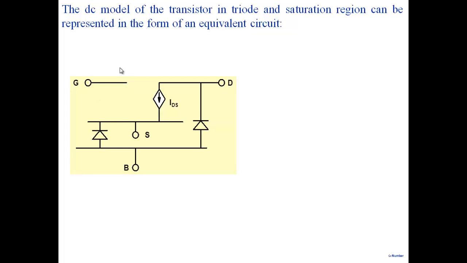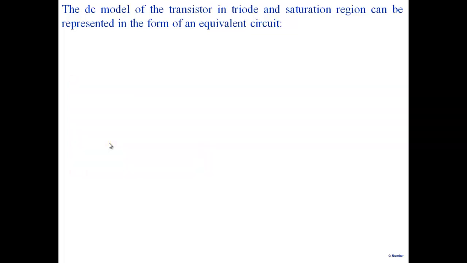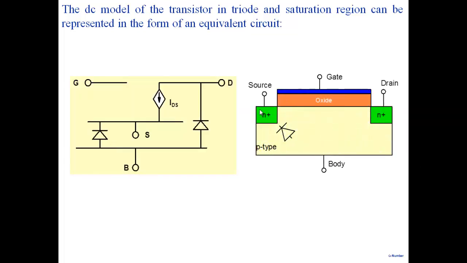So when I'm talking about a DC or a low frequency model, nothing flows in the gate. There is a diode between the source and the body. If you recall this, between the source and the body here, you can see a diode. So that's this particular diode here.